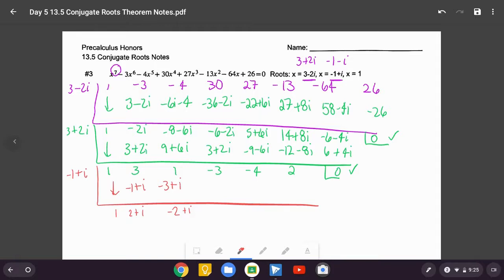Multiply, and I'm going to get 1 minus 3i. I add together, I get negative 2 minus 3i. And I multiply, and I get 5 plus i. When I add, I get 1 plus i. And when I multiply there, I get negative 2. So that proves I have a root because my remainder is 0.